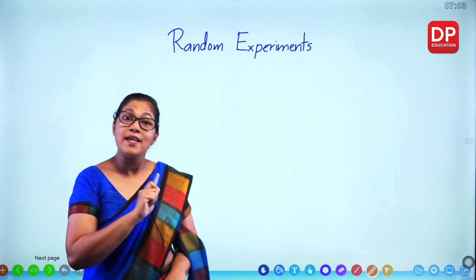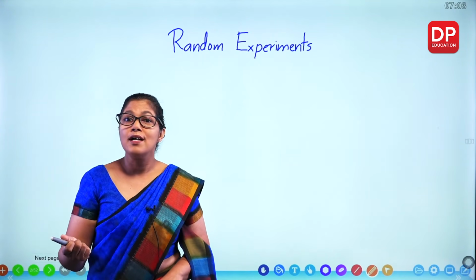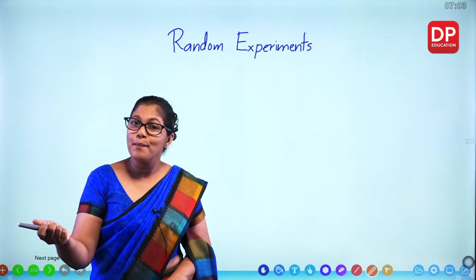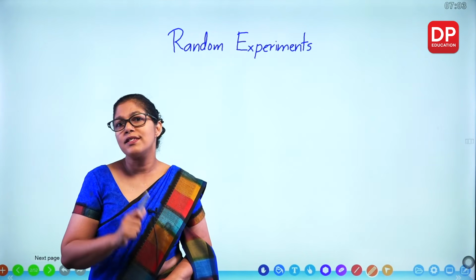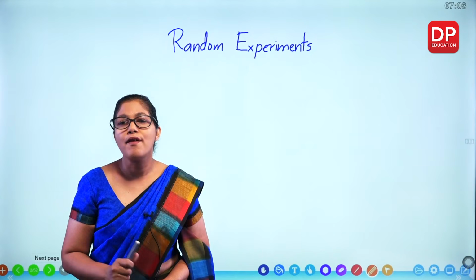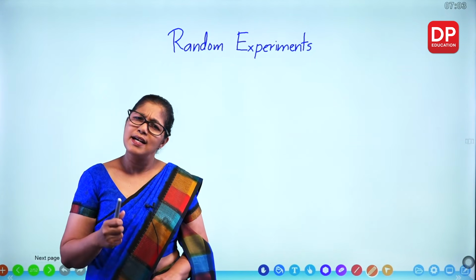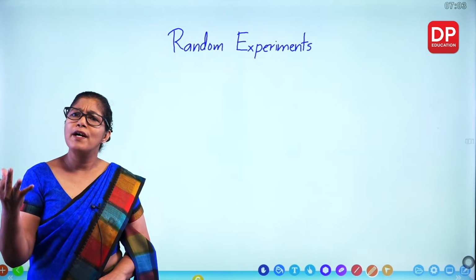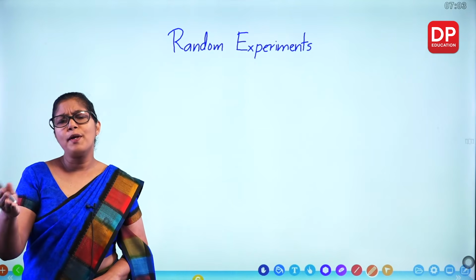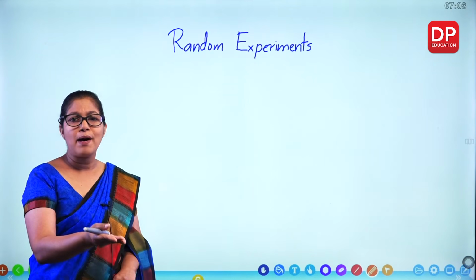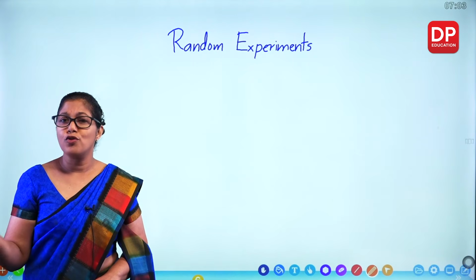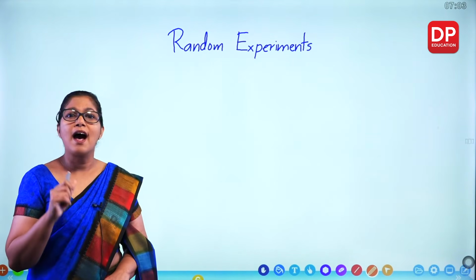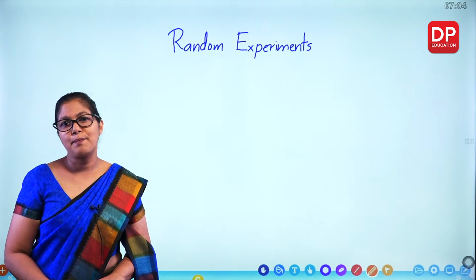If you are not sure who will stand up, that means there's an uncertainty. So those events are called random experiments. Another experiment: when you flip a coin, we don't know which side will appear. It might be head or it might be tail. So those events are called random experiments.